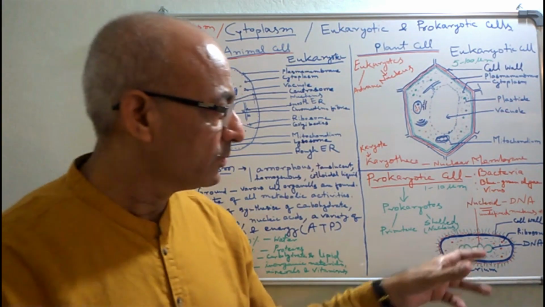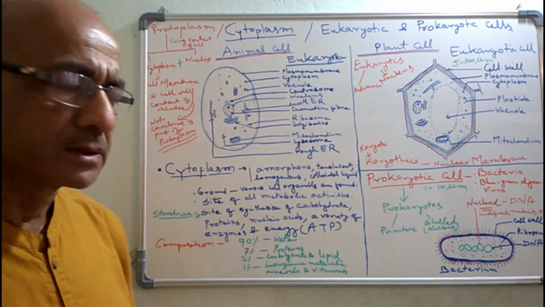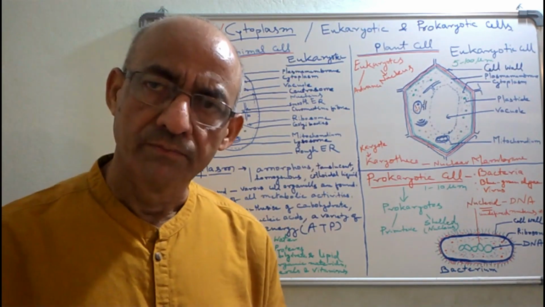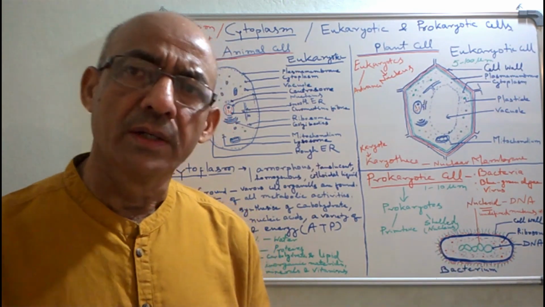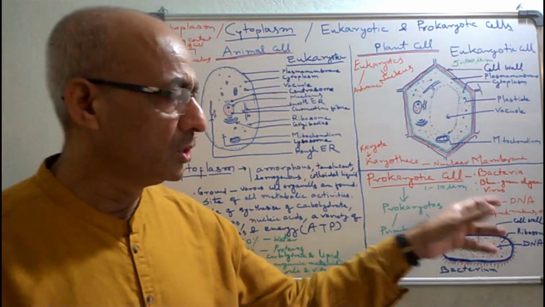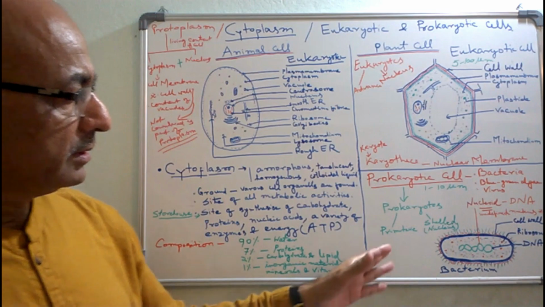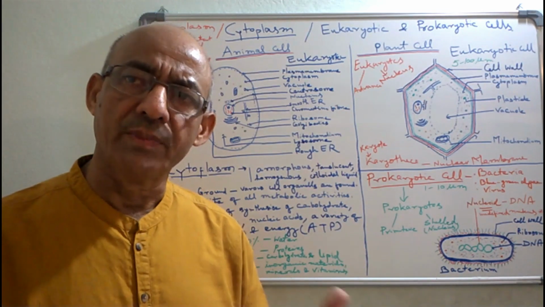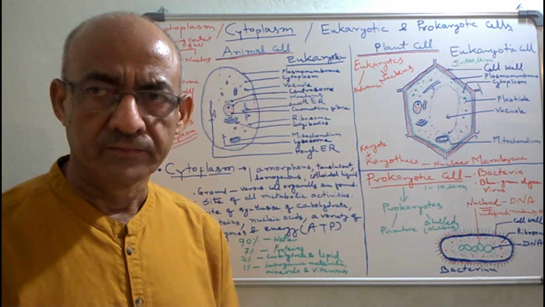In the case of prokaryotic cells, the nucleic material which is found scattered in the form of an undefined nucleus is called nucleoid. And such types of cells have the ability to multiply frequently.